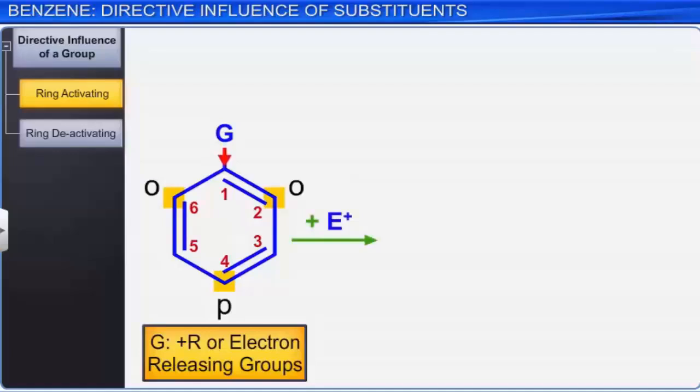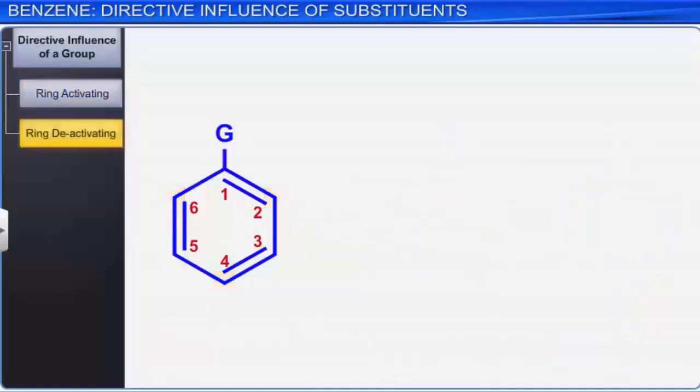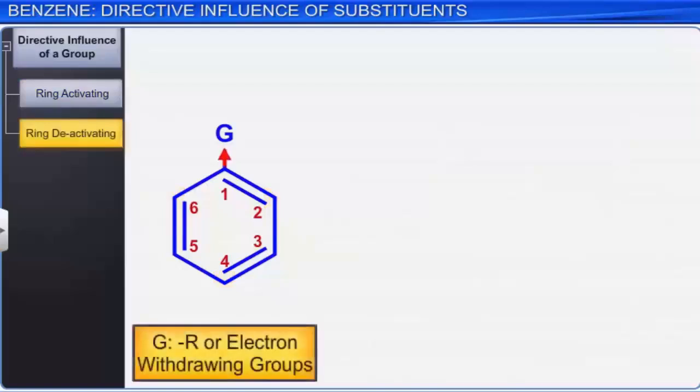Ring deactivating groups are minus R groups or electron-withdrawing groups which relatively decrease the electron density at ortho and para positions of the ring. In other words, the electron density is relatively high at meta position. Hence, these groups orient the new incoming electrophile to meta position.